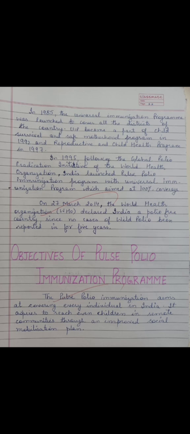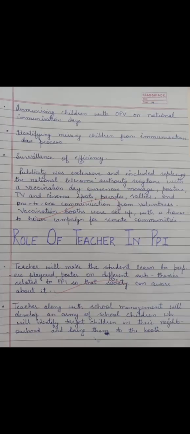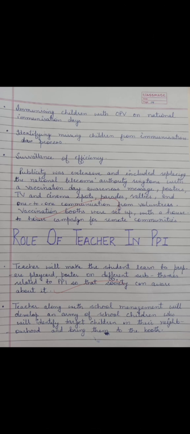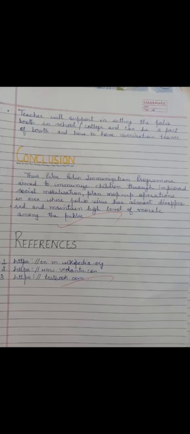And after that you have to write down the steps that are involved during the program, and also the role of teacher. What the teacher can do in the Pulse Polio Program, you have to know about that. After the role you have to write the conclusion and also the references.